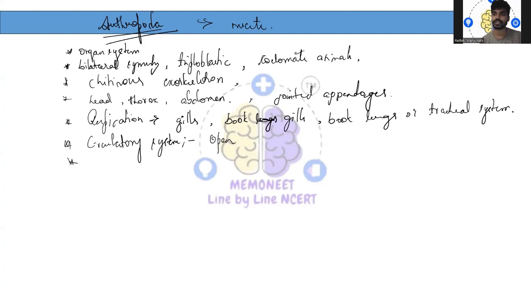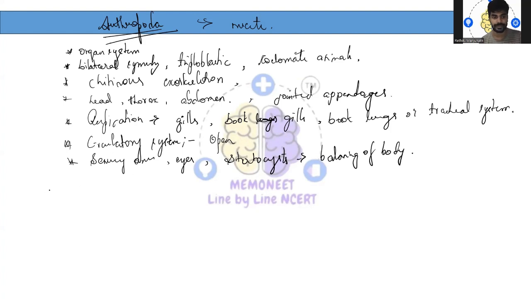Then you will see sensory organs, and the presence of eyes, which are simple and compound eyes. Another very important thing is the statocyst, which helps in balancing of the body.